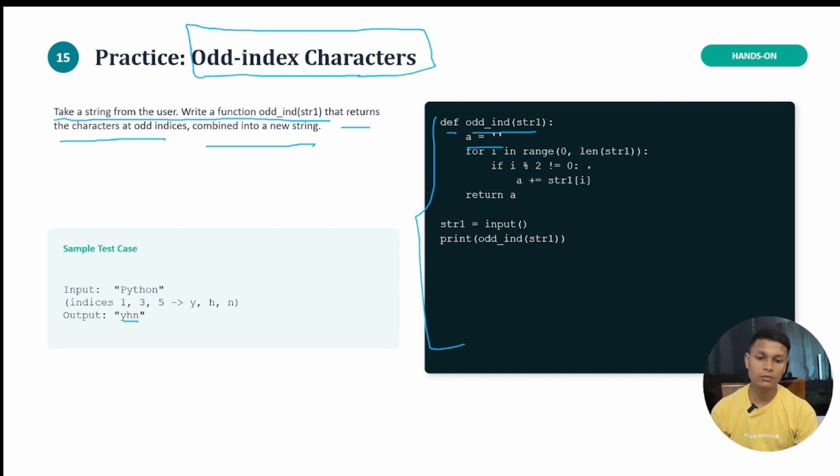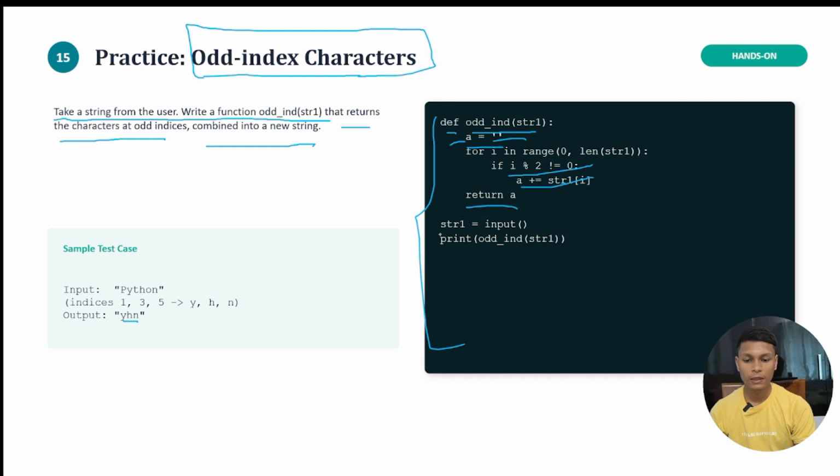For i in range 0 to length of str1, if i percentage 2 is an odd number, we add the element at that index. After that, we simply return that string, the value inside the variable will be our output.